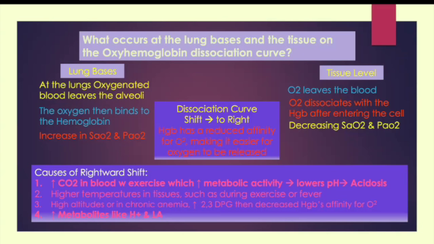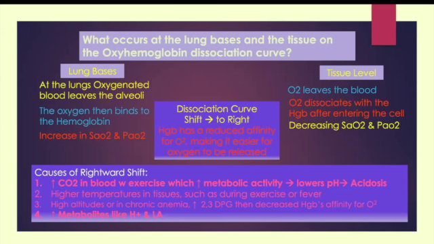And I already kind of talked about the dissociation curve. If it happens to shift to the right, whatever's causing this shift, acidosis, is actually making it easier for the oxygen to be released at that tissue level, or honestly, at any level at this point, because hemoglobin has a reduced affinity for the O2.